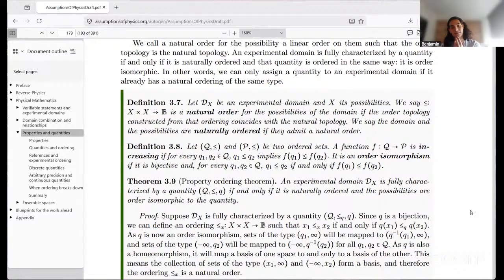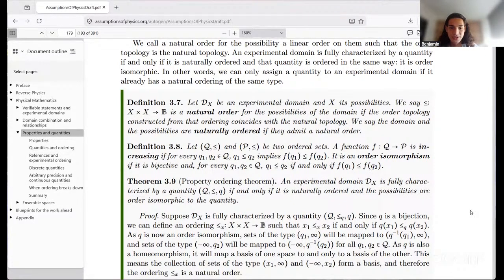All right, and then similarly, you have two ordered sets. A function between them is increasing if for every Q1 and Q2 in the first set, Q1 less than or equal to Q2 implies that their images under that function f are ordered the same way.